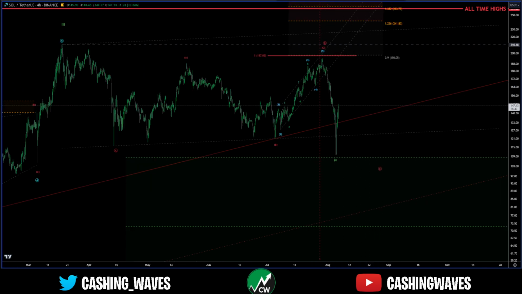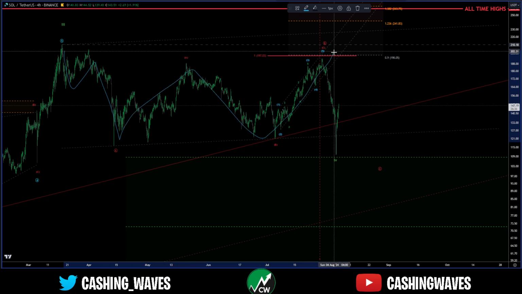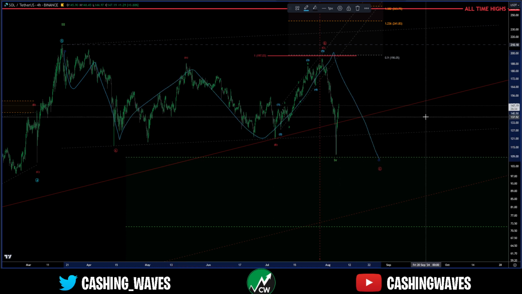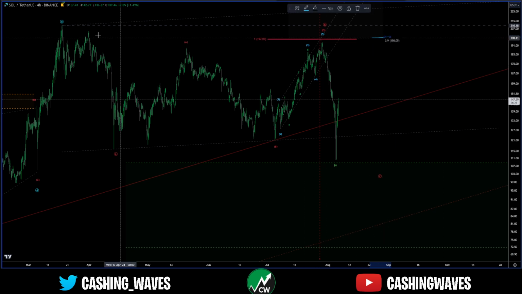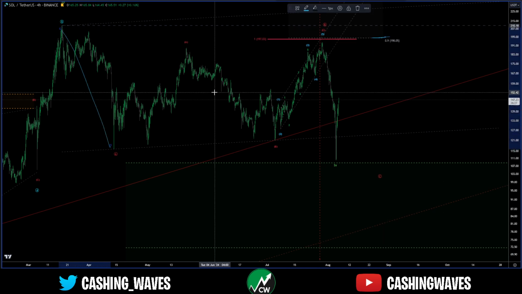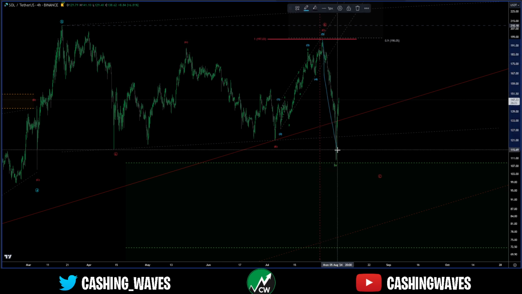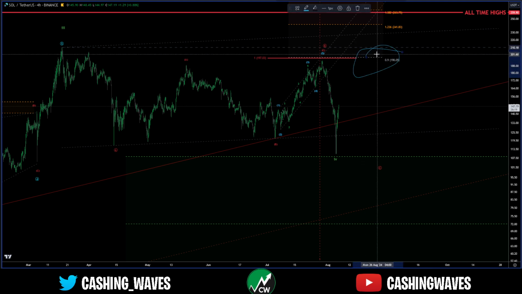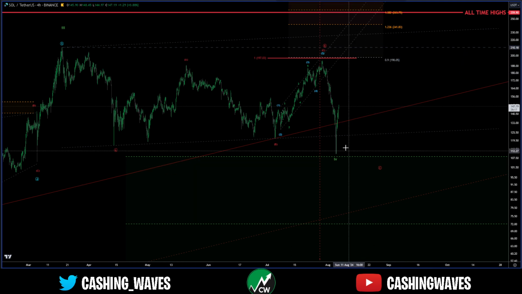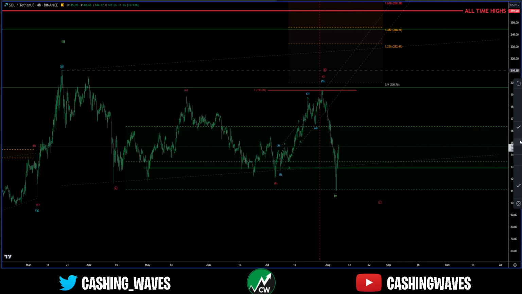Last video, we were looking for this as a 3, 3, 5 to complete an ABC, but we are looking for the 90% retracement of this A wave in order to qualify as a flat and count this 5 waves as complete. We did not reach this, so this cannot be a flat as labeled as an ABC. Cannot be that flat. Go to linear, we still didn't hit that 90%.